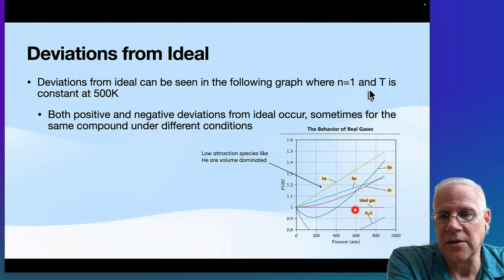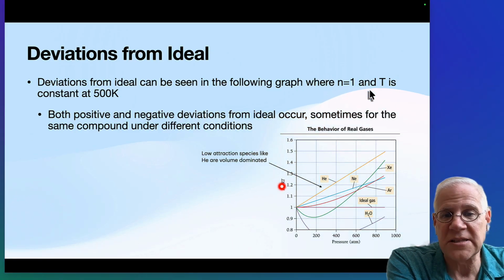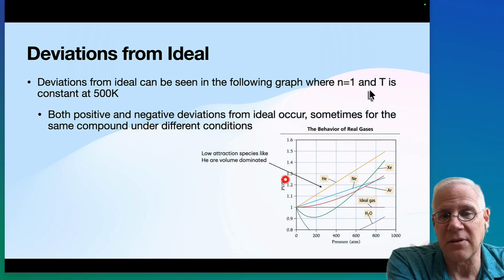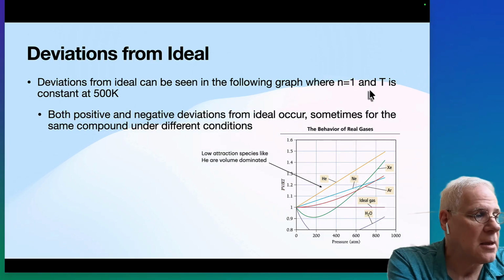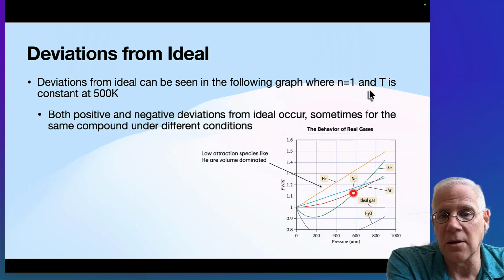This line right here is the ideal gas, because we're looking at PV over RT. And so for an ideal gas with 1 mole, that would always be 1 under all situations. So something like helium or neon is always going up, or even argon, fairly small.